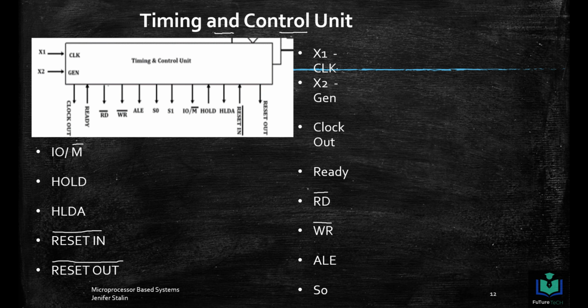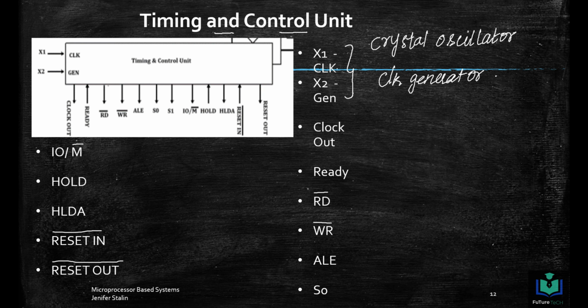They are clock signals generated by using a crystal oscillator, where these two pins are used to set the frequency of the internal clock generator, and the frequency is usually internally divided by 2.